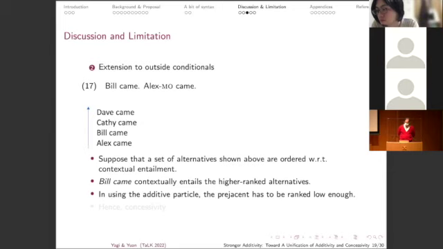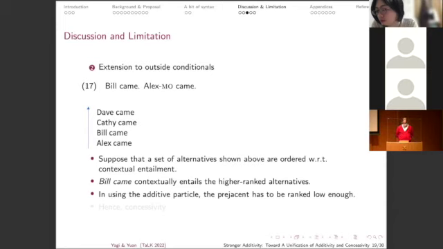So you're right. We do not want to commit to the entailment. Then how can we extend our proposal to outside conditionals? Maybe we can modalize our scale in a certain sense. For instance, instead of talking about actual entailment, we can bring an epistemic sense into the ordering of the scale.